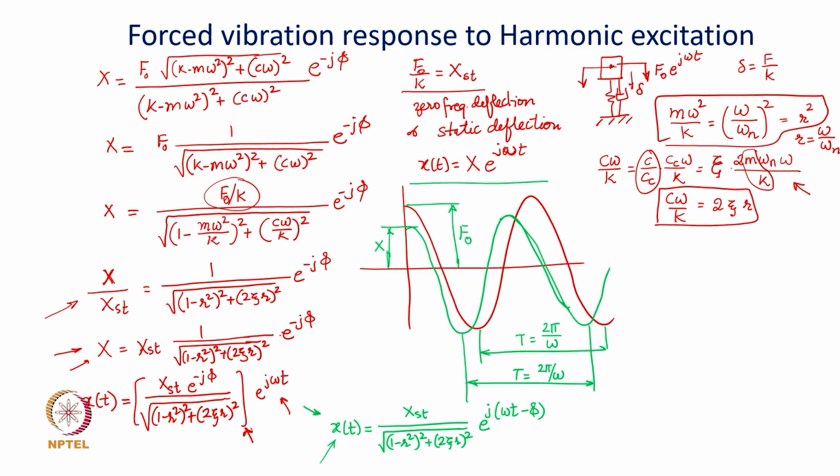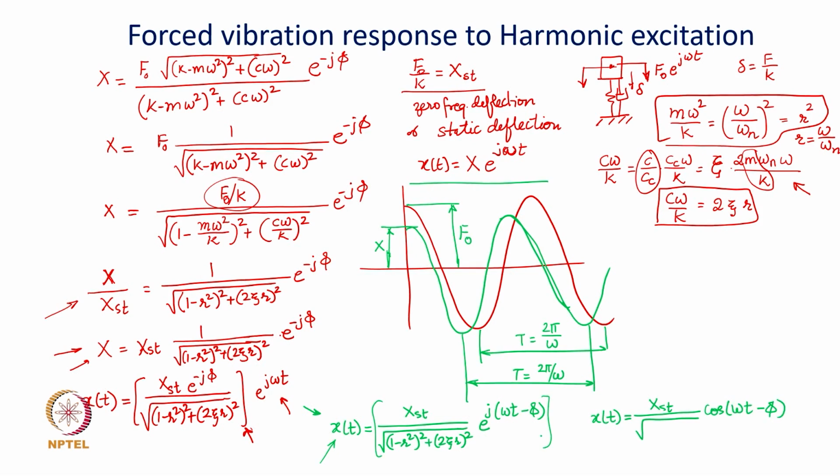So, if I want to write the real part of it, which is the response in the horizontal direction, I can write x of t as X_ST again with the same square root term, cos (omega t minus phi). So, it is like taking the real part of this expression.